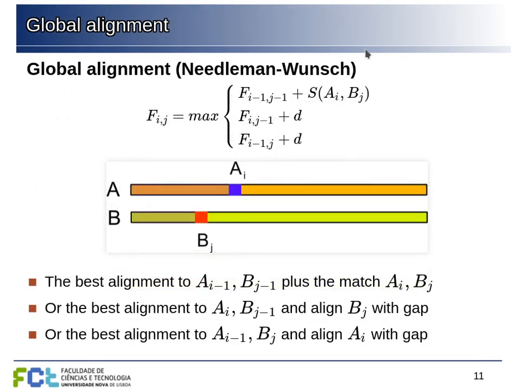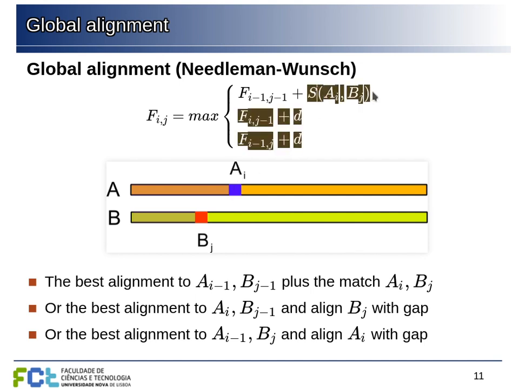So what we're going to do is make this decision at each combination of a position in sequence A and a position in sequence B. We need to check if it's better to align Ai with Bj.